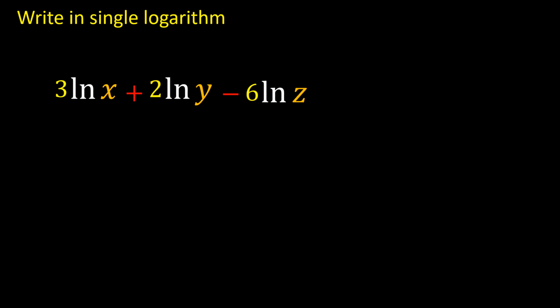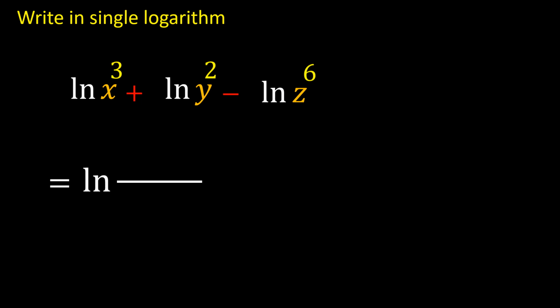All right. So actually we have here a number multiplied with the ln. This is the power of the number. So step number 1, any number beside the ln or the logarithm, you have to put it as a power like this. So we have now ln x^3 plus ln y^2 minus ln z^6. Okay, now since you have a plus and minus, it means that in the single logarithm, you will divide.